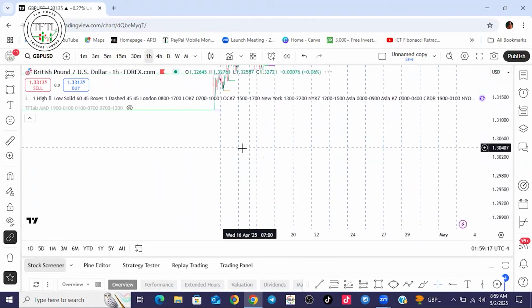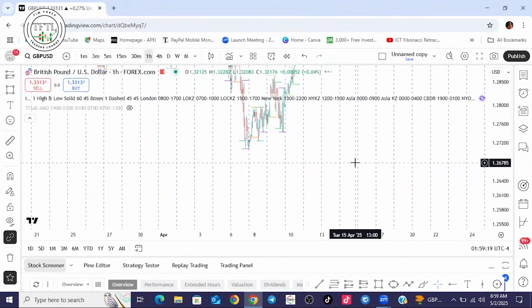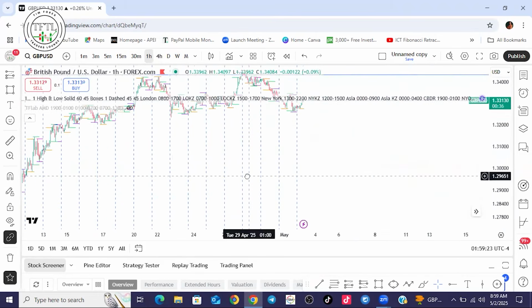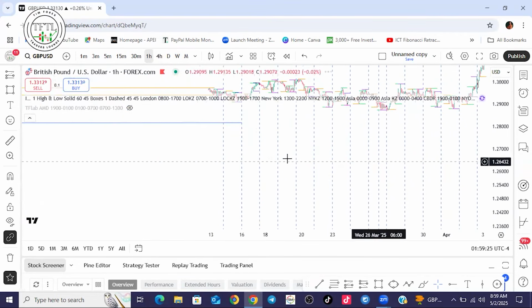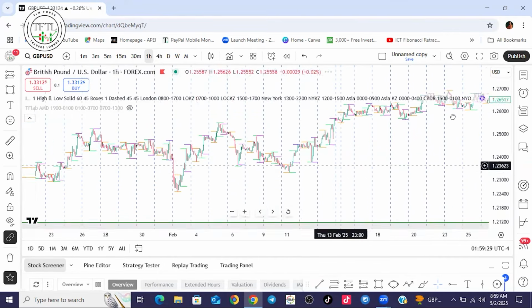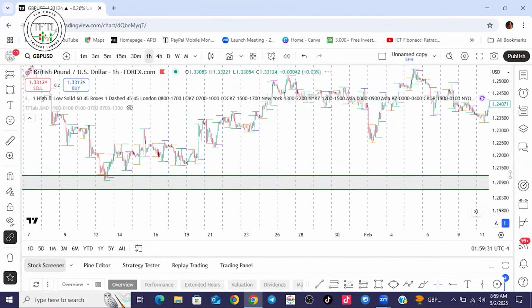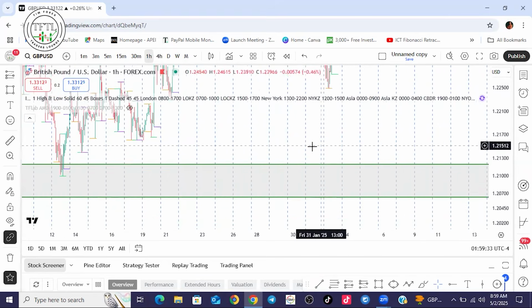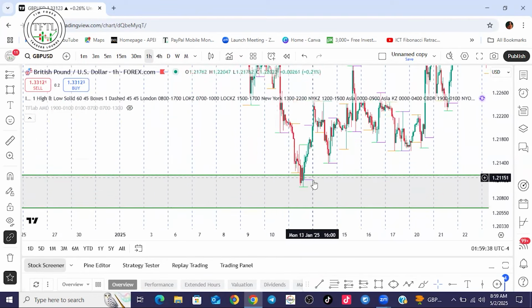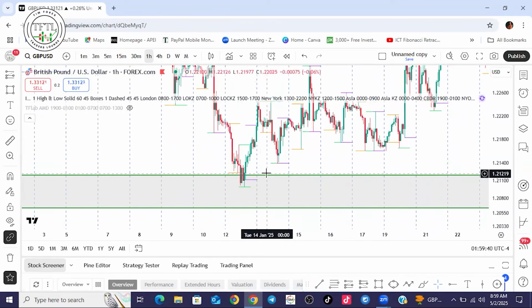This has been our setup from the higher time frame, the weekly time frame. This was the level, the rejection block from the higher time frame. So this is our entry.